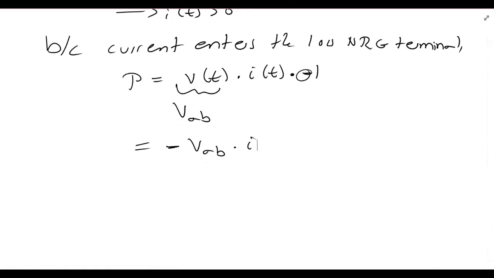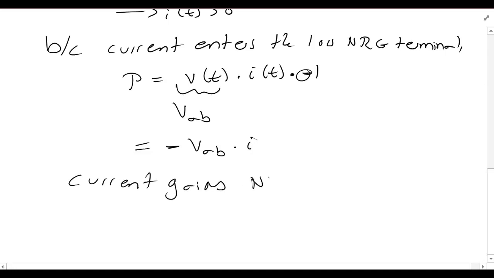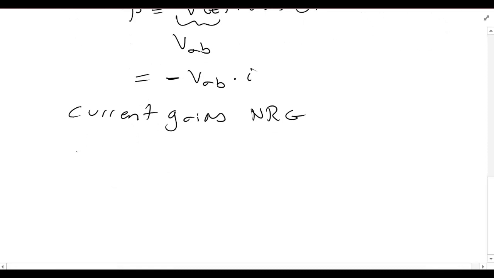Recall that this means that current gains energy, but last video we talked about not considering what happens to the current's energy, but considering what happens to the element's energy. If the current gains energy, the element must lose energy.